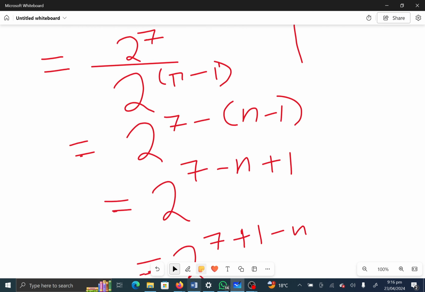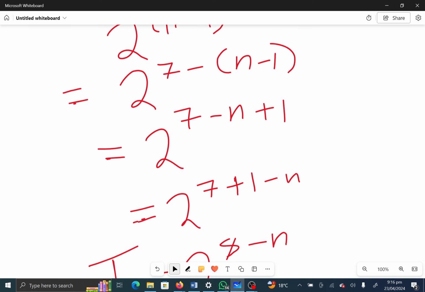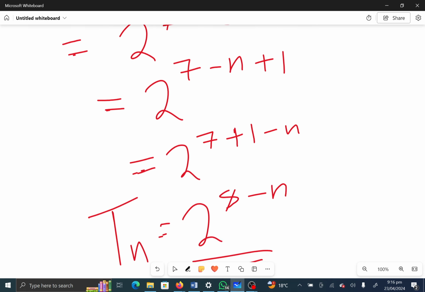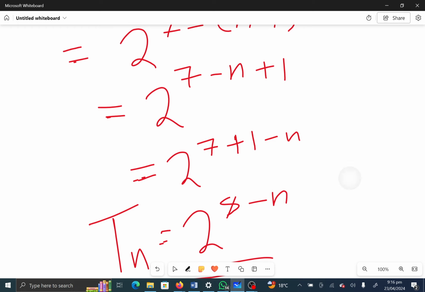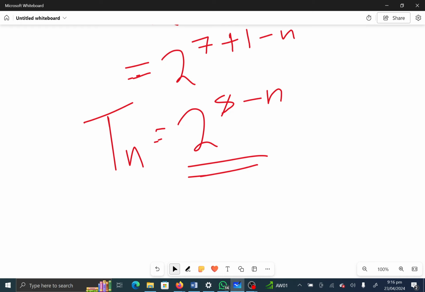Hence this is the negative you are seeing here. Then we just rearrange: 7 plus 1, which is 8, and we have our formula, which is the nth term formula.